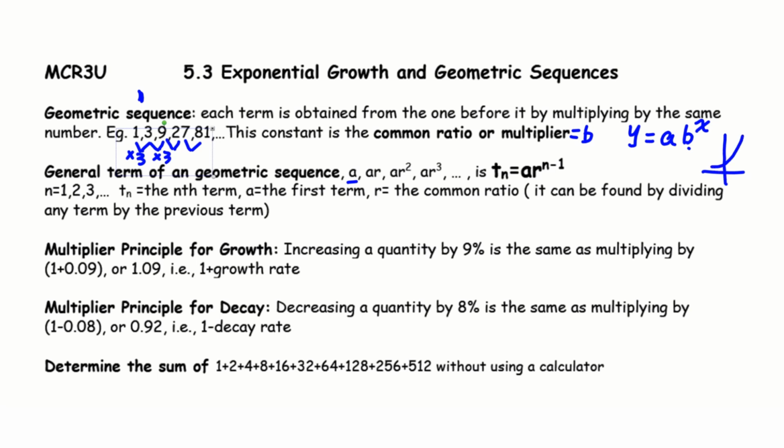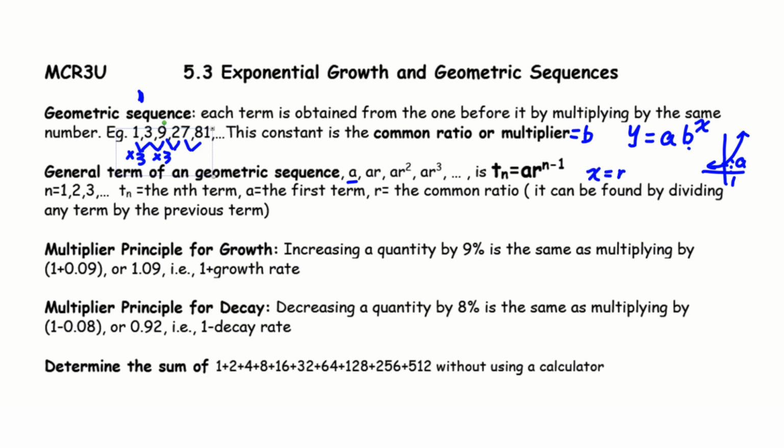Here a is the first term, which is your y-intercept, your initial value. If b is greater than 1, then it will be increasing. And r is the same as our base for the exponential function. Because we start from the first term, not a 0 term, we use x equals n minus 1.